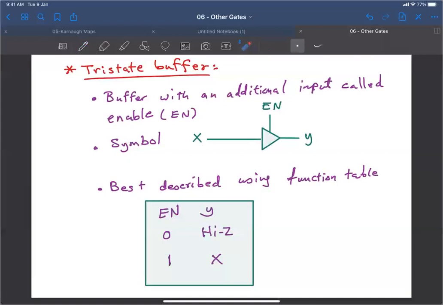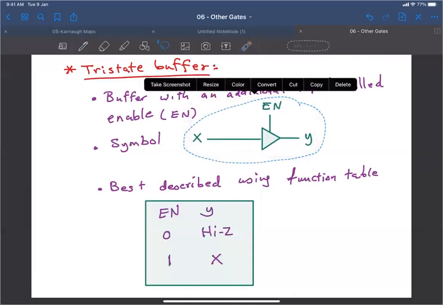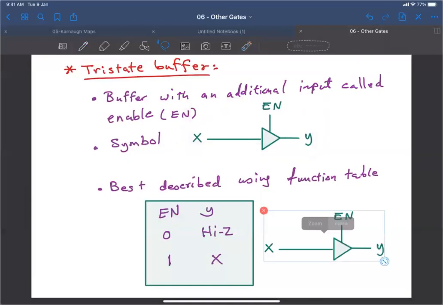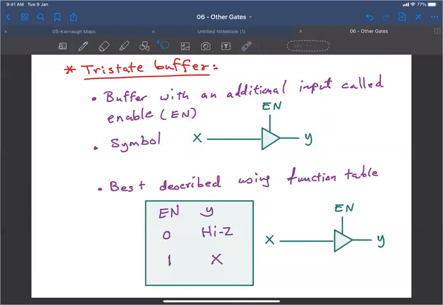Now, any question? Sometimes we have a bubble here in addition to this diagram, or symbol. Sometimes enable also has a bubble to indicate that enable is inverted, or it's an active low signal.